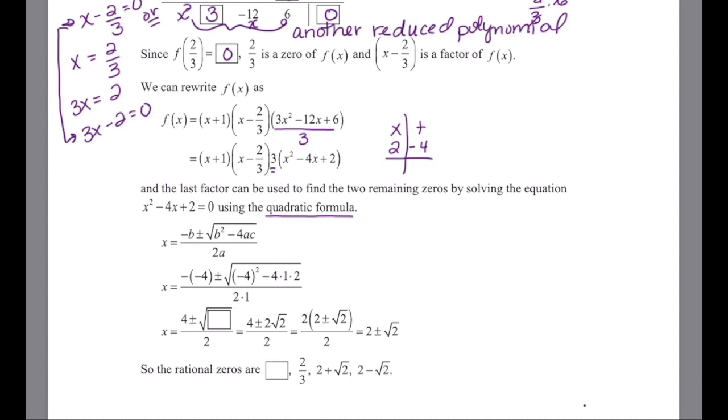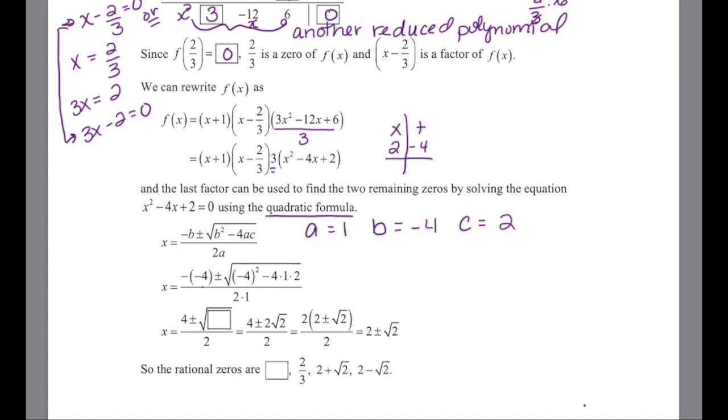So we're going to use the quadratic formula to continue factoring so that we can find the other zeros. Okay. So our A value is 1, our B value is -4, and our C value is 2. So x equals opposite of B plus or minus the square root of b squared minus 4 times A times C all over 2A.